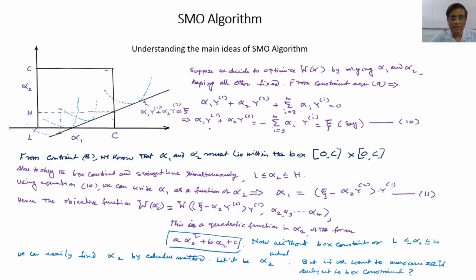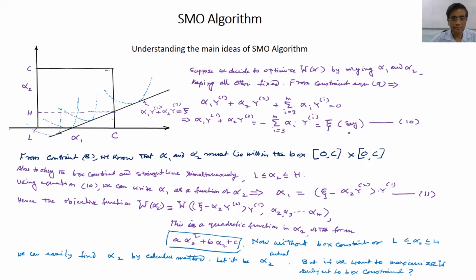So alpha 1 y1 plus alpha 2 y2 equals minus the sum over i equals 3 to m of alpha i y i, say zeta.